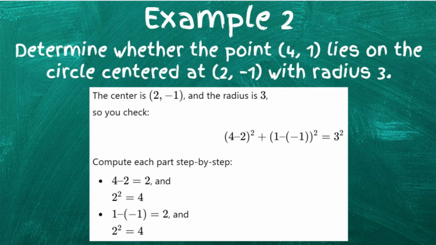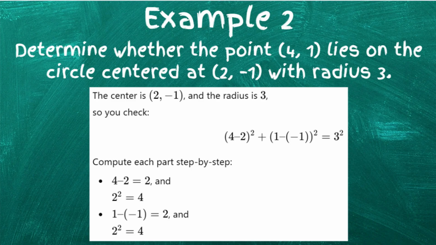For our next example, we determine whether the point (4, 1) lies on the circle centered at (2, -1) with radius 3. To check if a point lies on a circle, you don't need to draw anything. You simply test whether the point satisfies the circle equation. The center is (2, -1), and the radius is 3, so you check: the quantity 4 minus 2 squared plus the quantity 1 minus -1 squared is equal to 3 squared.